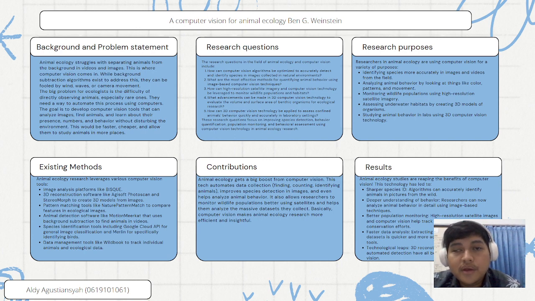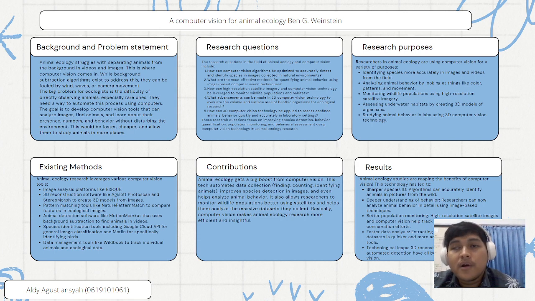What are the most effective methods for quantifying animal behavior using image-based computer vision techniques? 3. How can high-resolution satellite imagery and computer vision technology be leveraged to monitor wildlife populations and habitats? Those are the big three. Those are the main ones.